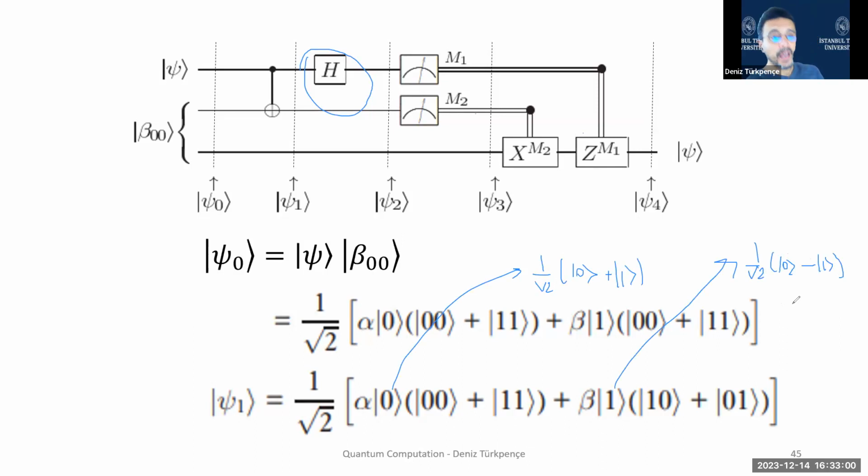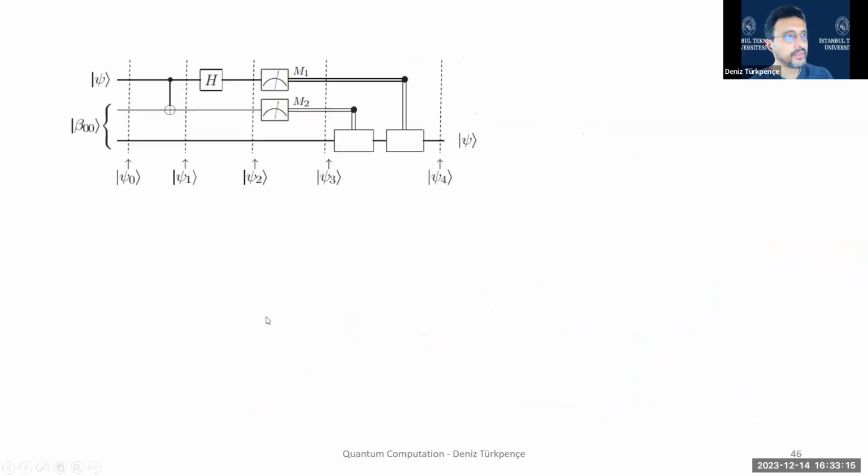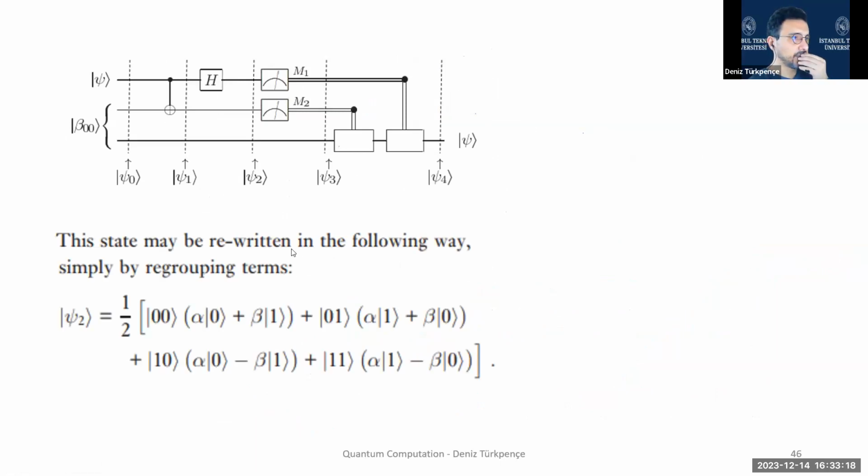Okay. And after that, if you distribute all the terms and after some algebra, in fact, this can be a little boring, but you have to do that. You will arrive at these equations. Okay. You will arrive at psi 2.